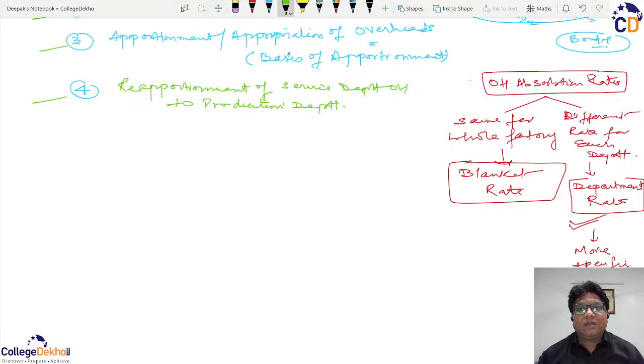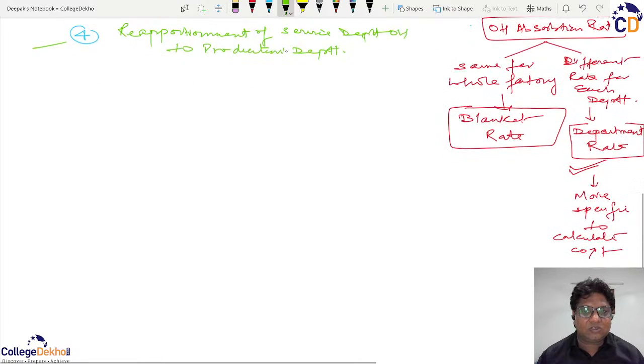So we should always identify overheads department wise. Then those which are department specific overheads, we should do allocation. For the common overheads, we should do apportionment, and then we should transfer the service department overheads to the production departments, and therefore all total factory overheads will now rest with the production departments only.